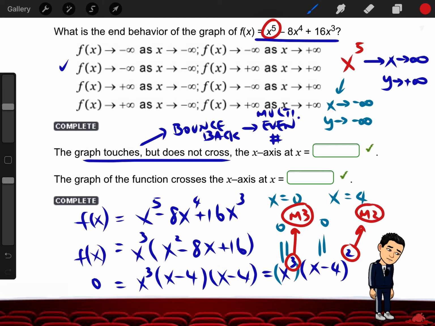So the first one right here, it says the graph does not cross. That's when x equals 4, because that's an even multiplicity. And the graph crosses the x-axis because of odd multiplicity, which is when x is equal to 0.